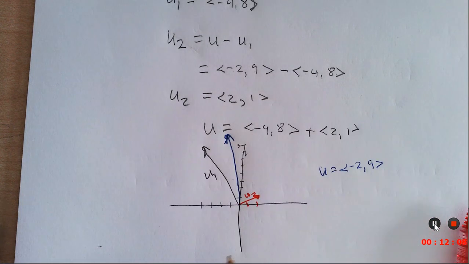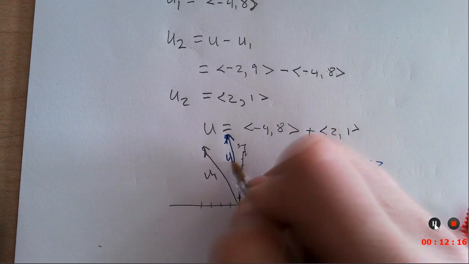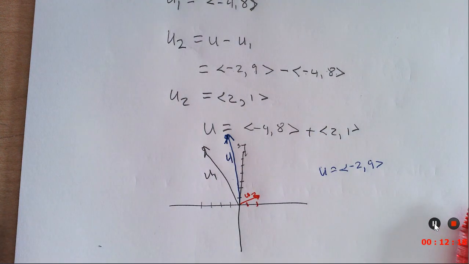So if I go like this, if I've done this correctly, I will have this in component form. So let's see, this is u, and v was negative 1, 2.